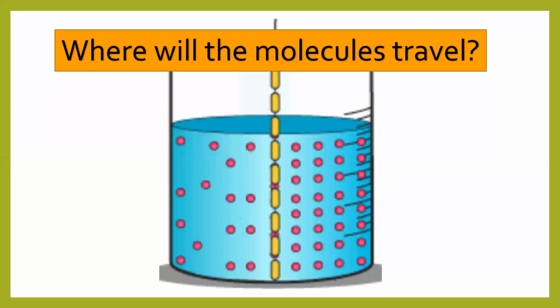No. They would always prefer to go to a place which has more space. So can I say that movement of molecules will take place from a solution of higher concentration, that is the right side, to lower concentration, which is the left hand side, through the semi permeable membrane?